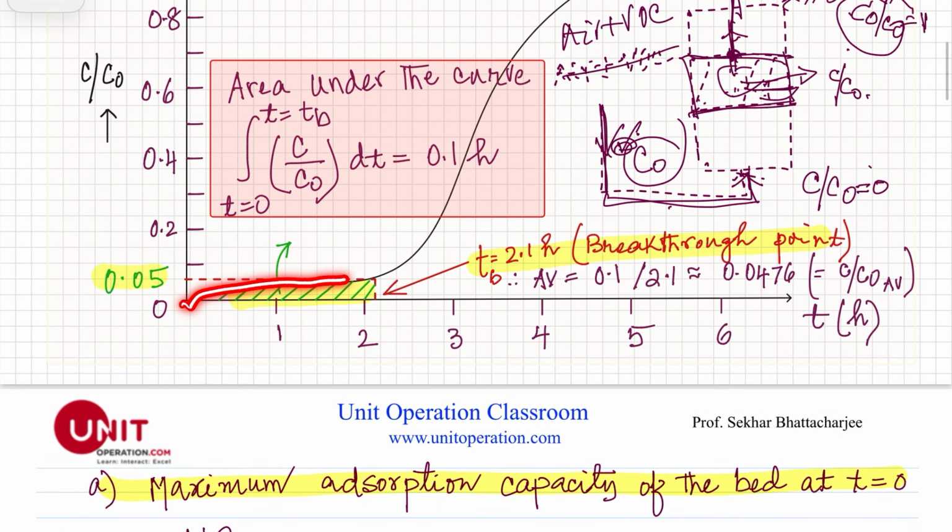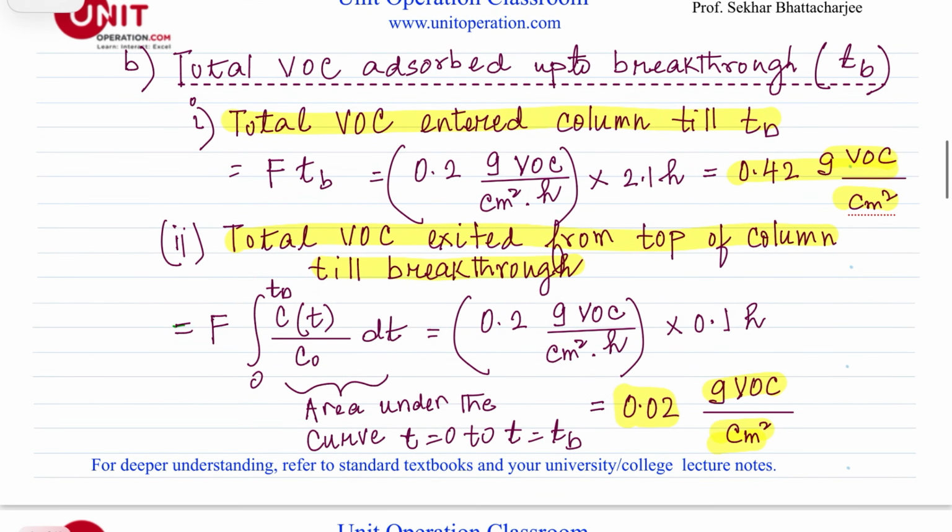So this is the area, C by C0 times dt, and it has to be multiplied by 0.2 grams of VOC entering per square centimeter hour. That is the total amount that has gone out from the column.